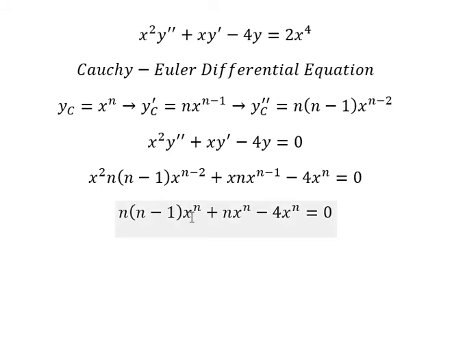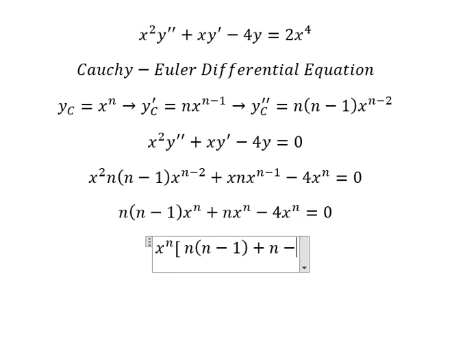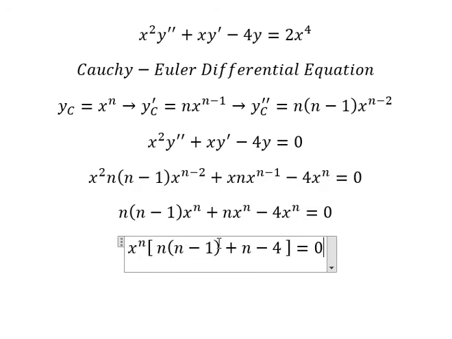Next, s to the power of n, we can do factorization. So we have n multiplied by n minus 1 plus n minus 4 equals 0.